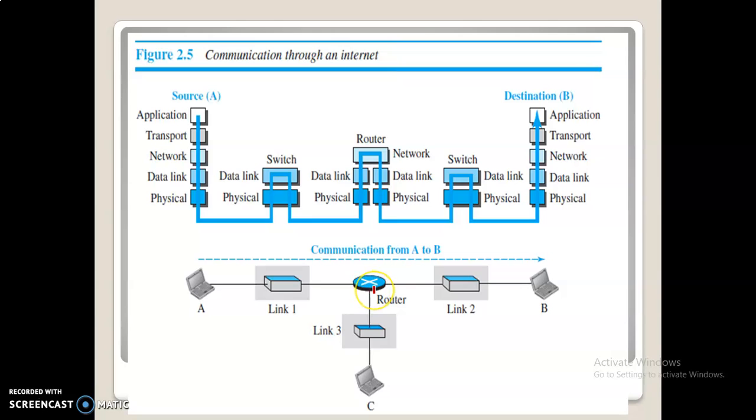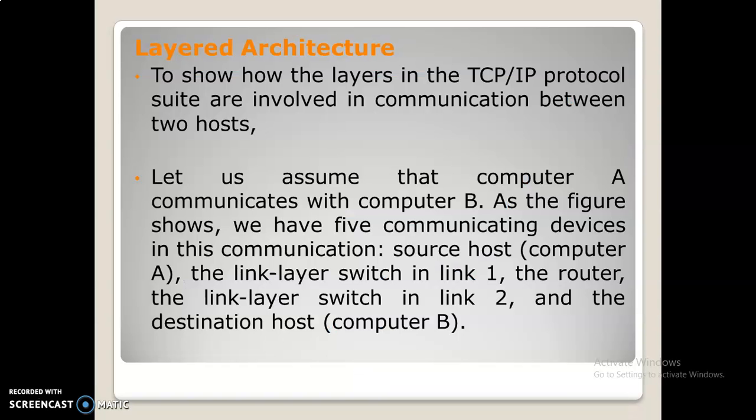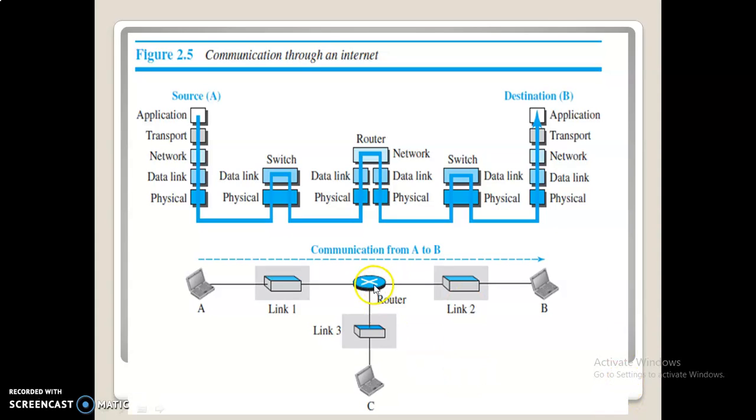The third is a router. The fourth is the link layer switch of the destination machine. Then the fifth is destination machine B. Here the router is in the network layer, the link layer switch is in the data link layer, and the application layer is a user support layer.